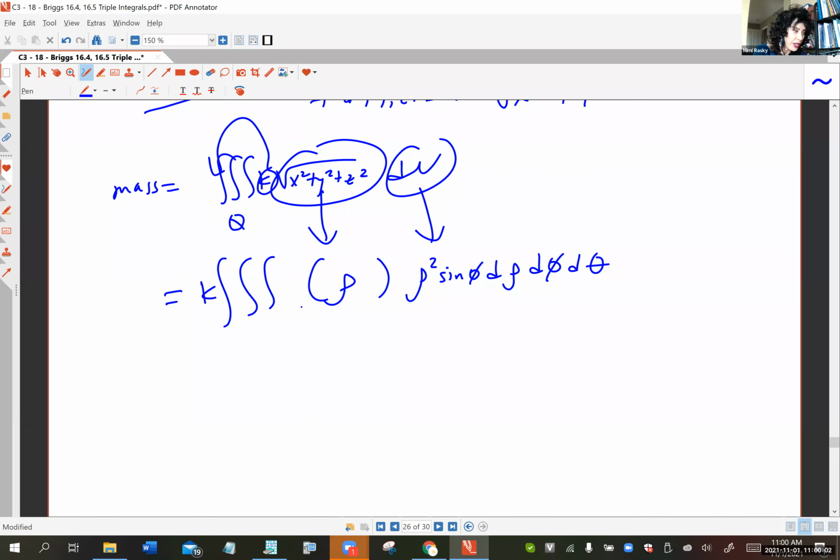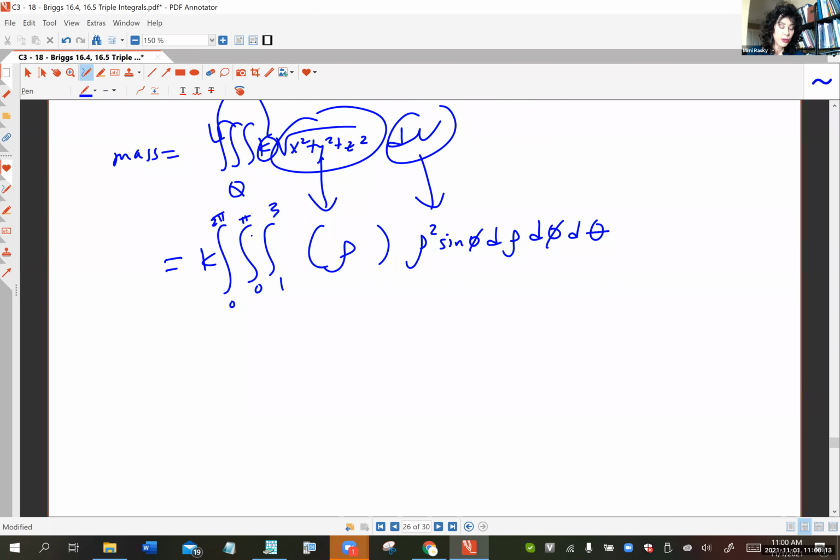And remember, we agreed that rho is going to go from 1 to 3, phi was going to go from 0 to pi, and theta was going to go from 0 to 2 pi. So there, I set up my triple integral representing the mass. And now let's continue. First up, combine all your powers of rho into a single power of rho, so you don't forget.